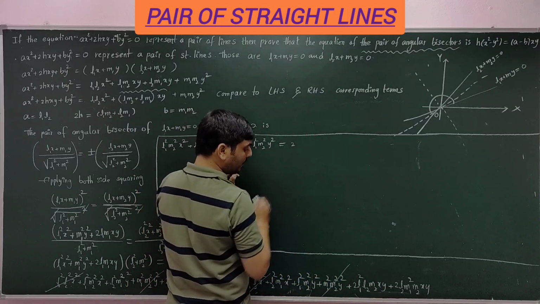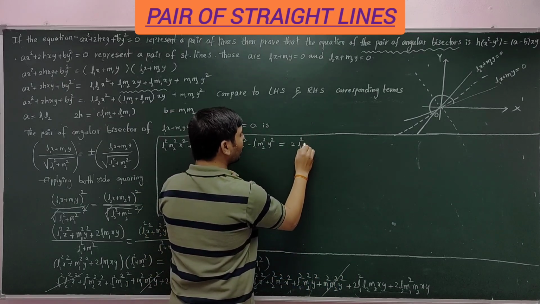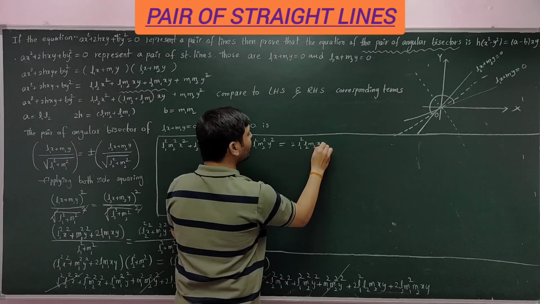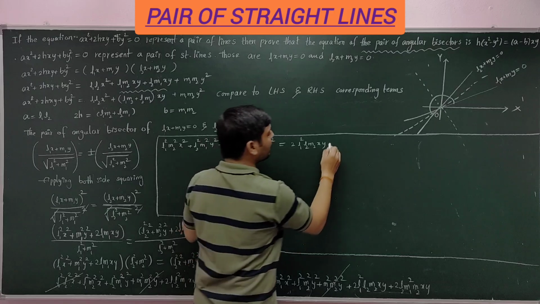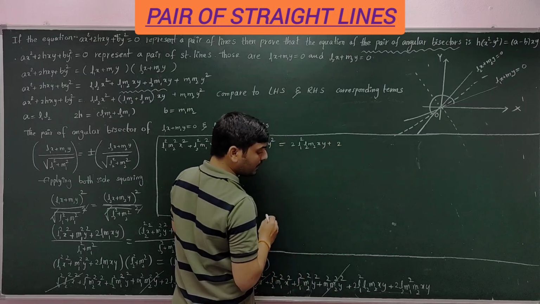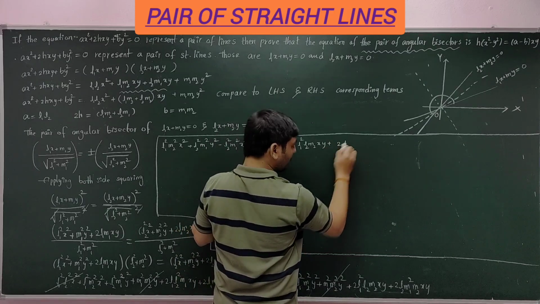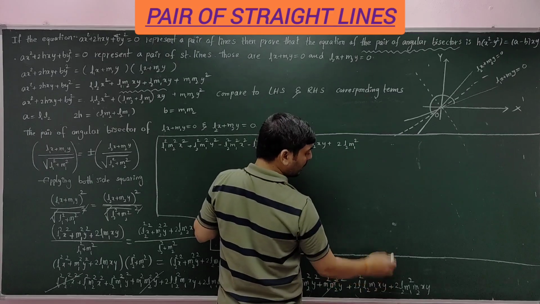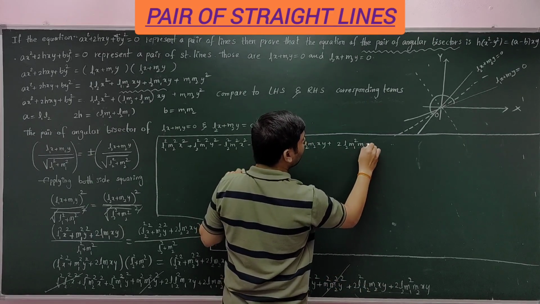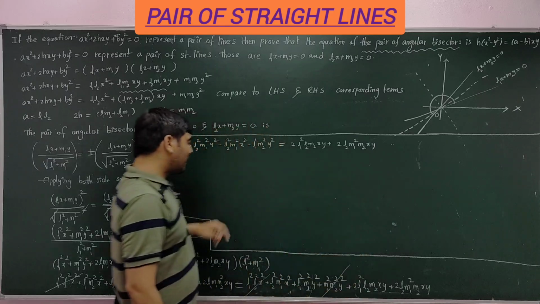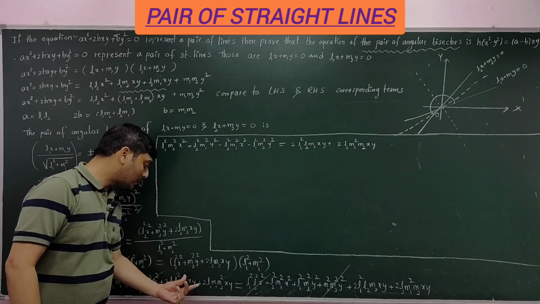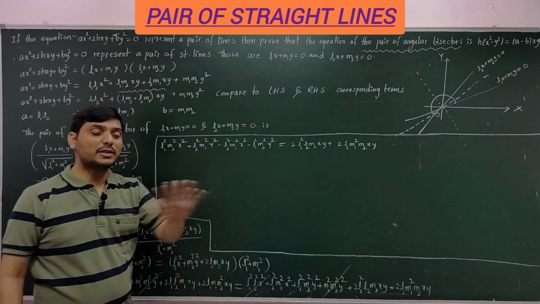Now 2 l1 square l2 m2 xy plus 2 l2 m1 square m2 xy. Now the left side has xy terms also. These two terms are coming from left to right, so the signs will change.